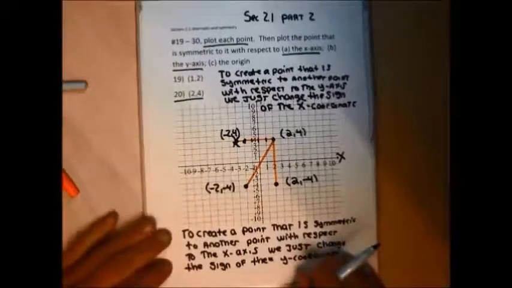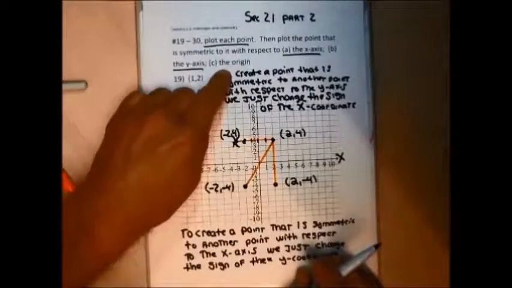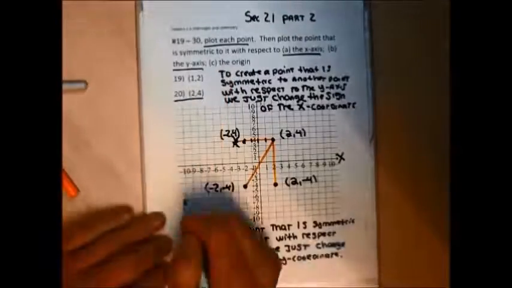So the last thing I needed to do is plot the point that is symmetric with respect to the origin. I'm going to write something a little bit shorter.